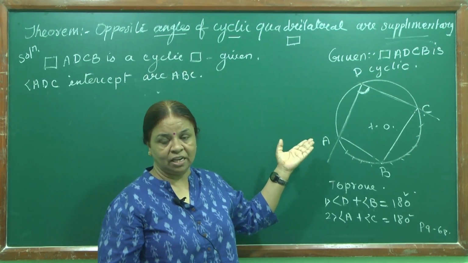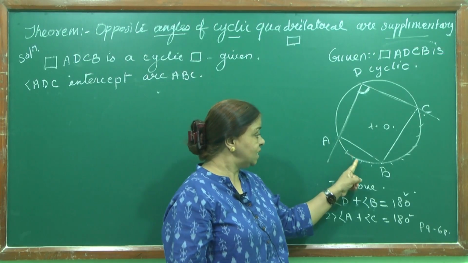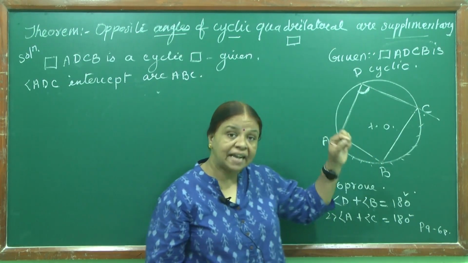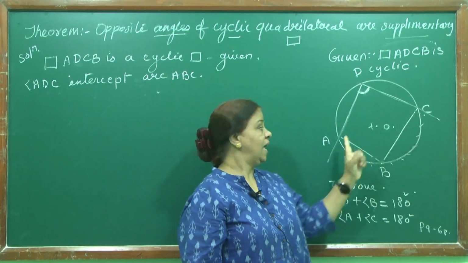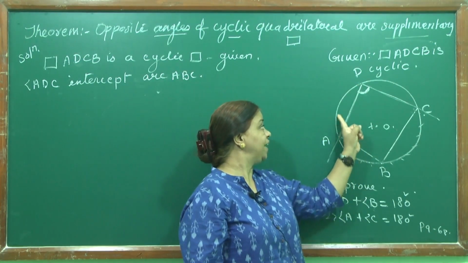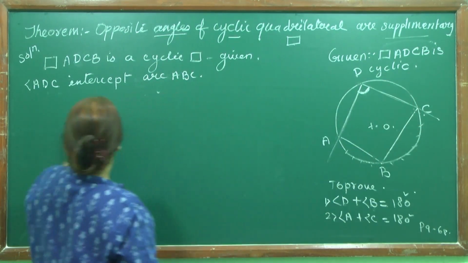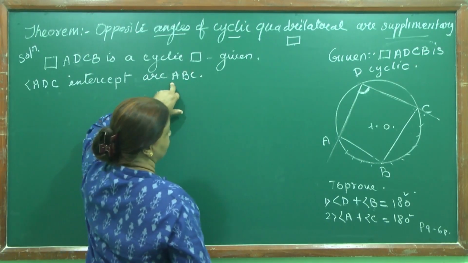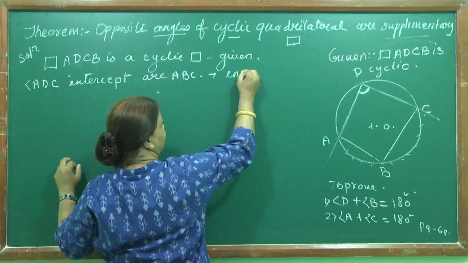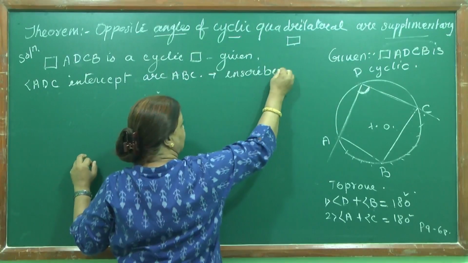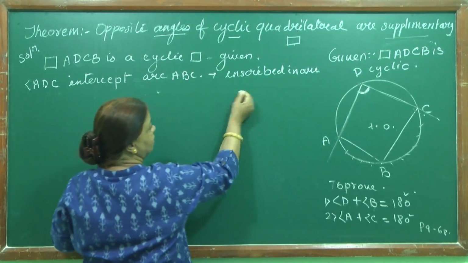In the inscribed angle theorem I have made it clear what you mean by inscribed and intercepted. Intercept means it covers. Inscribed means it is situated in which arc? Angle ADC is situated in this arc, lying in this arc. So ADC intercepts arc ABC because it is inscribed in arc ADC.